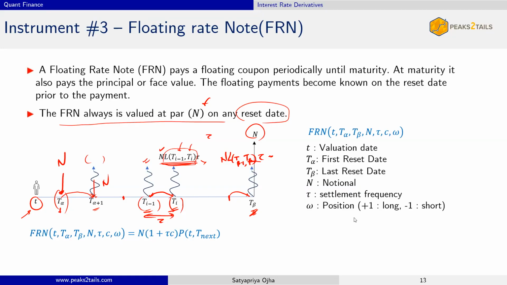Okay. The question is, if it's a quarterly coupon payment, then the first payment comes in 6 months, because at T alpha there is no payment. Depends. You can structure your floating rate note to start payments after a long time also.